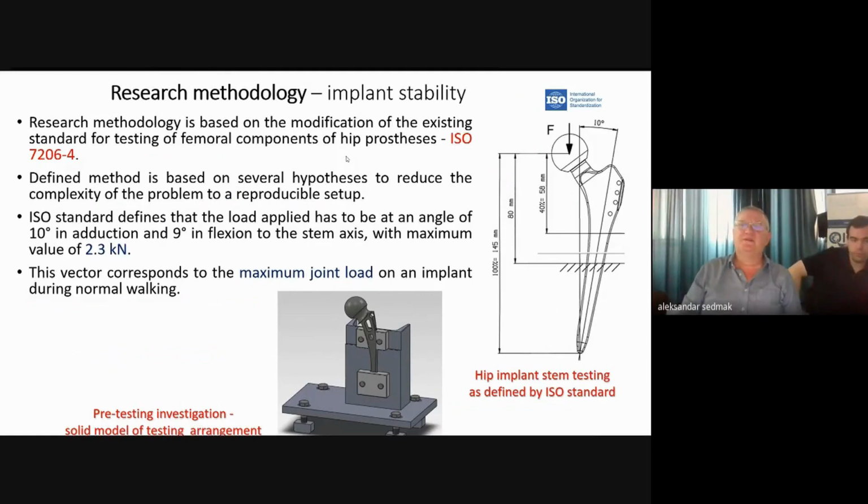To test an implant, we may use an ISO standard. You can see in this sketch how it should be performed, and you can see one simple solid model of the testing arrangement. So you have to adapt your machine for this specific type of geometry.